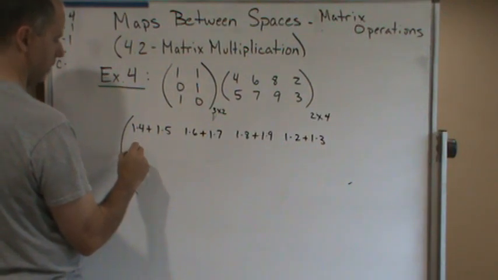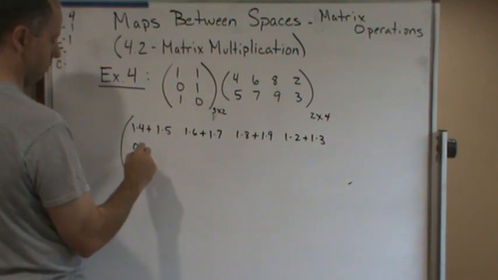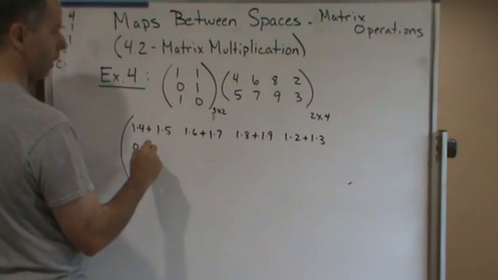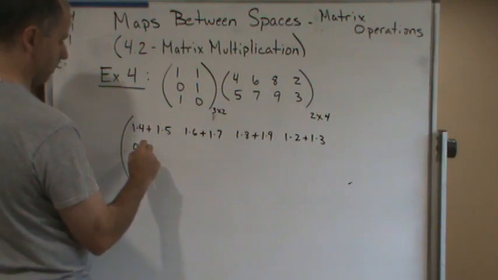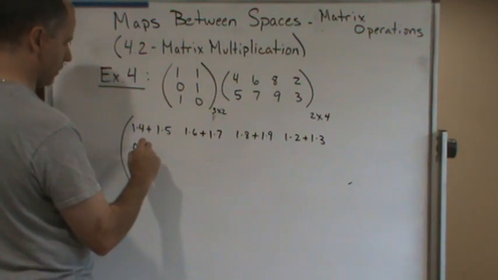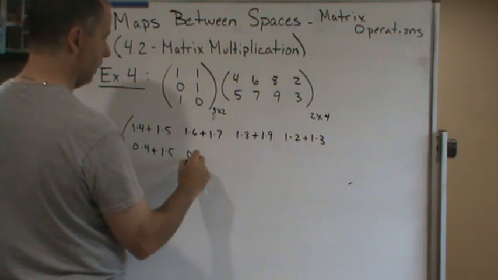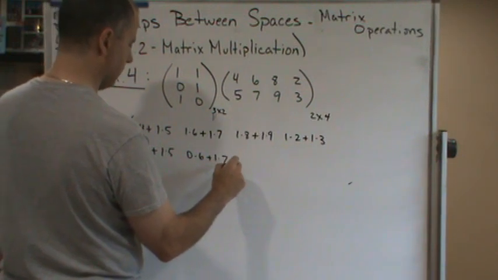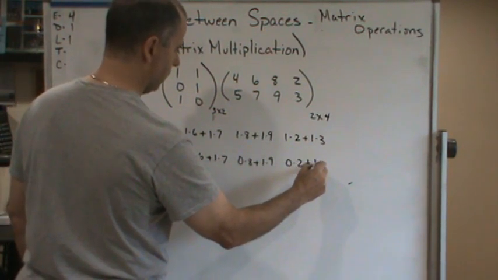So now this is going to be 0 times 4 plus 1 times 5, and then the next entry is going to be 0 times 6 plus 1 times 7, and then 0 times 8 plus 1 times 9, and then 0 times 2 plus 1 times 3.